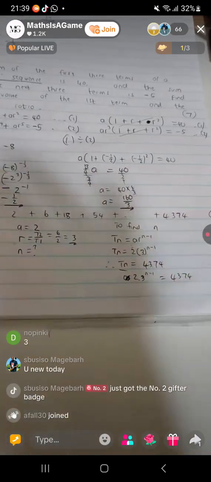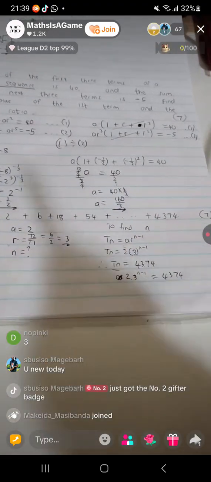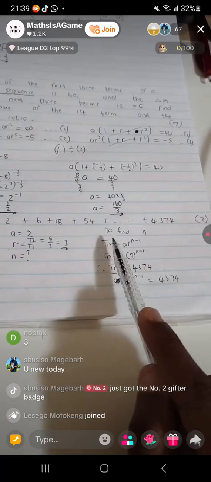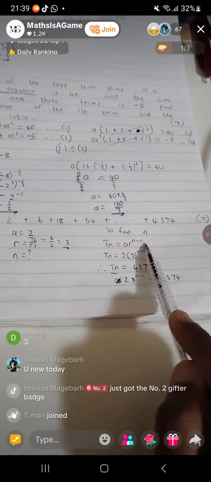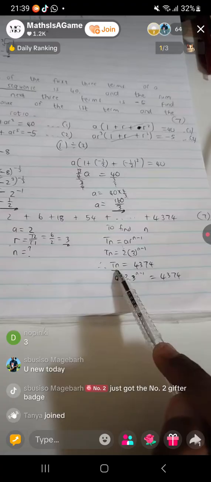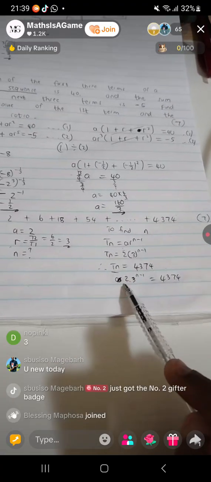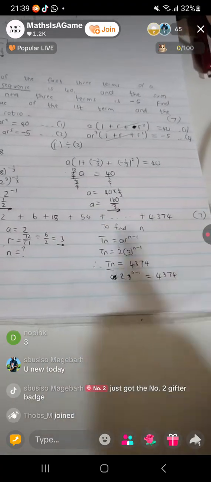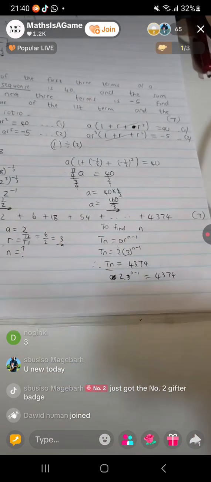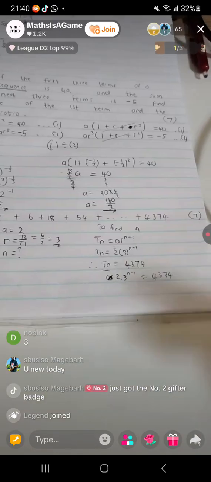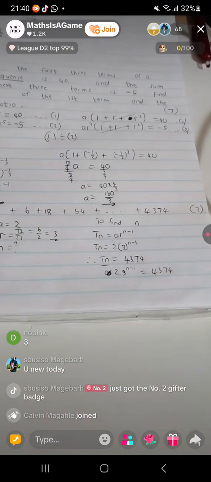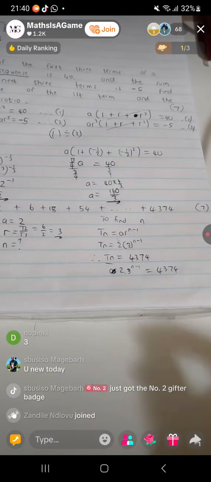So all I'm saying is that whenever we want to find the position of the last term, we find out first what Tn is, we equate that to the last term, then we solve for n. And you can see, guys, that our n exponent is going to require our knowledge of solving exponential equations, which is important because we learned that very well in grade 11.